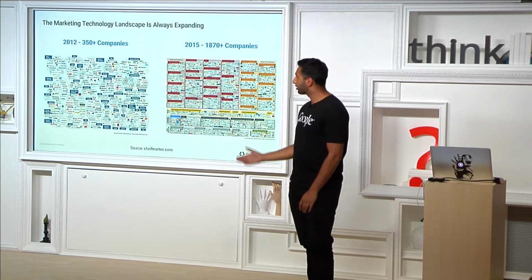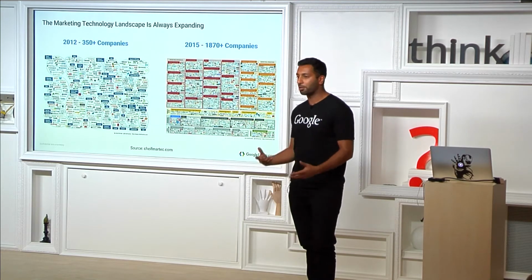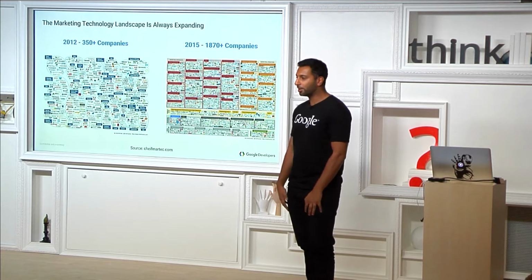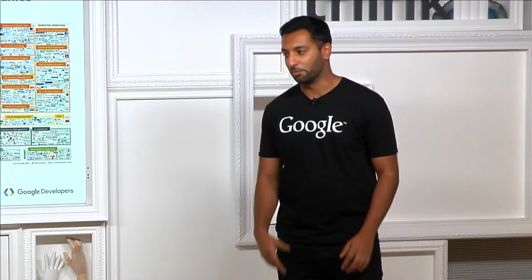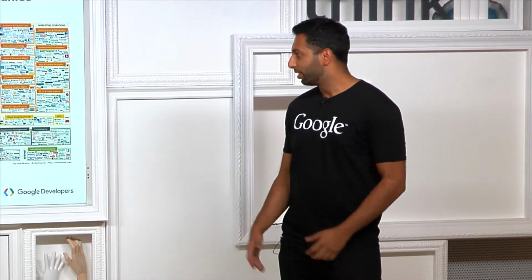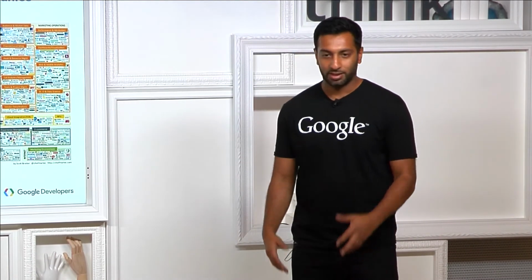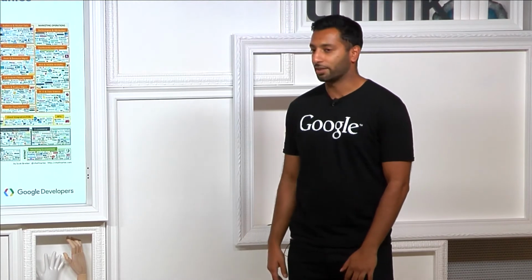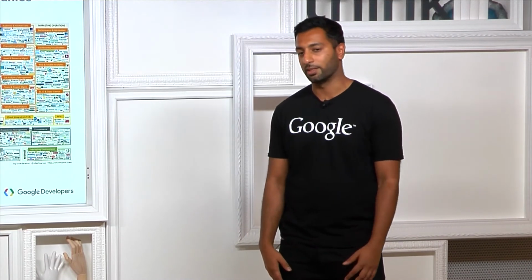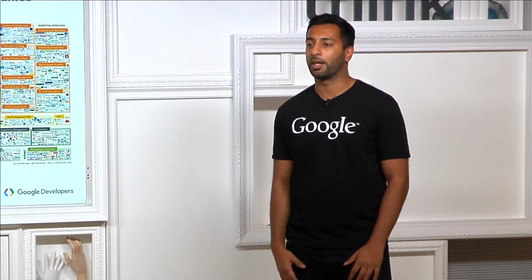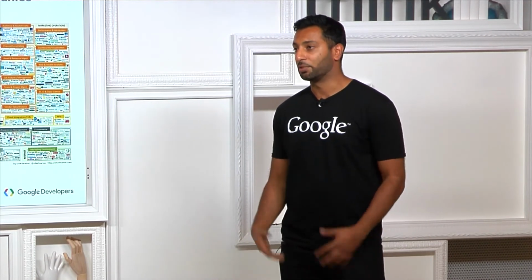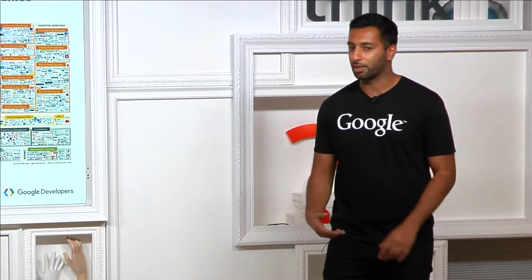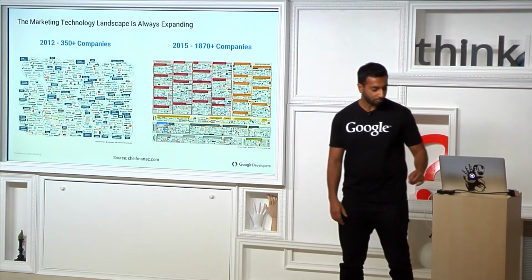So you can see in 2012, they found around 350 different companies. Since then, the whole data and marketing world has got bigger and bigger. And now you're seeing something like over 1,800 different marketing technology companies, and all of them pretty much requiring some kind of tagging or API connection to work. So you can see things are becoming a lot more complicated.